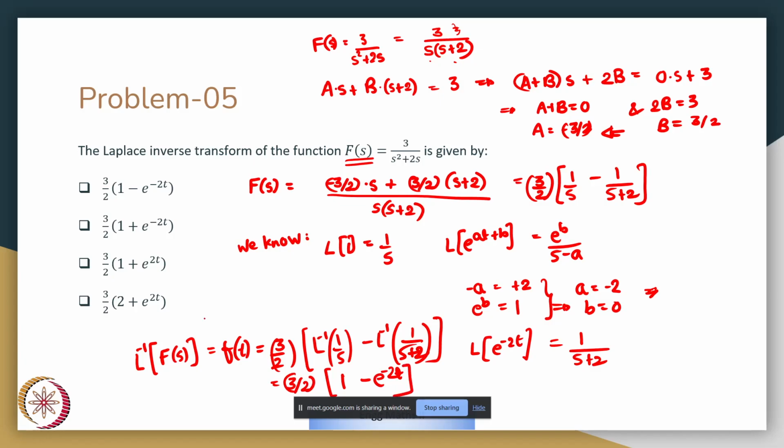So that is option A. This touches upon the important concept of inverse transform.